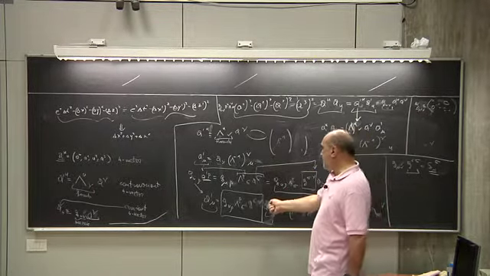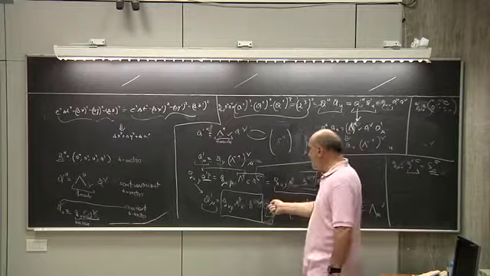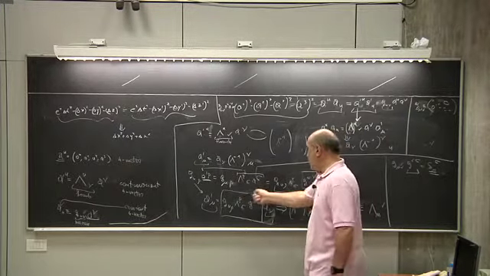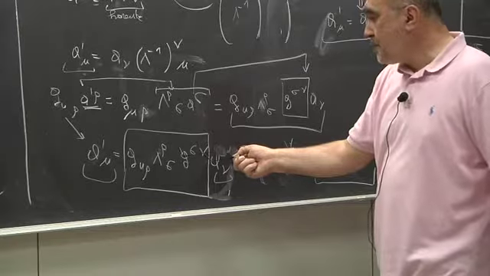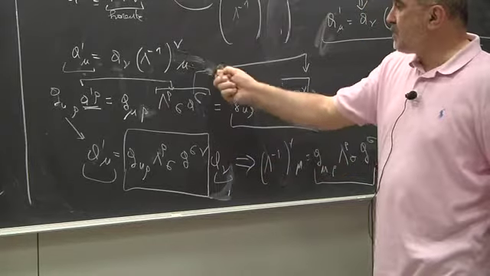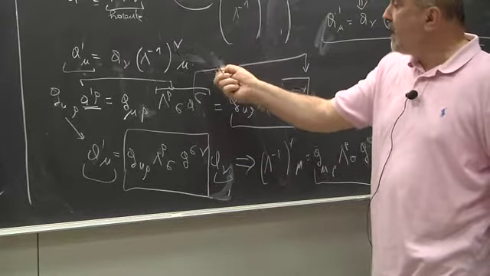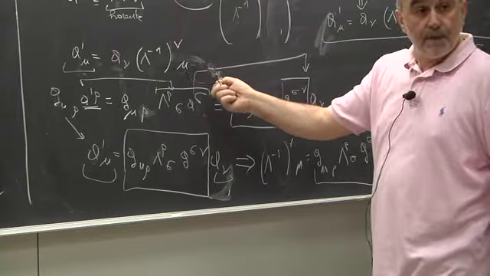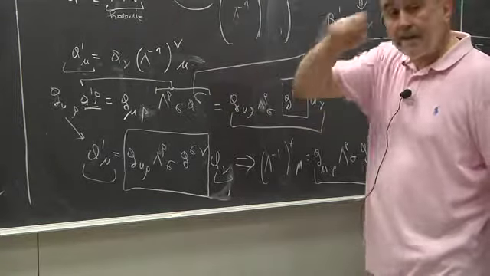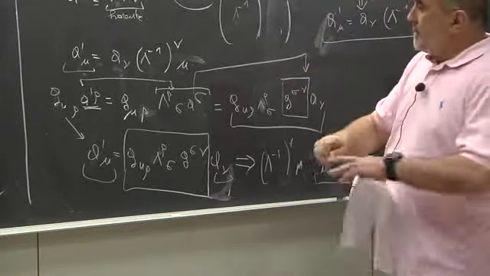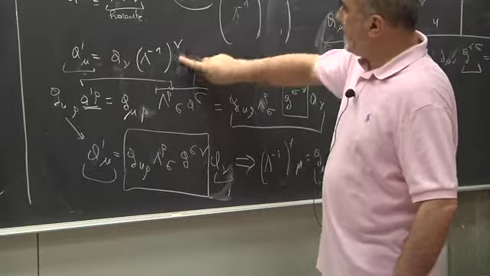But you see, this object has the index mu, nu. This object has the index mu, nu. While these objects have first the index nu and second the index mu. So the first index is the one that you go and sum. These two are not one above the other.